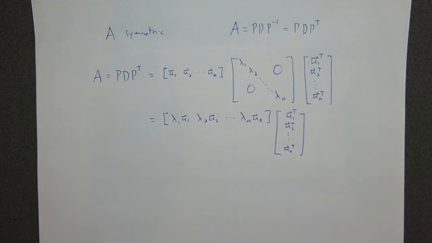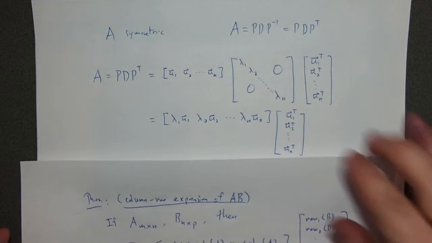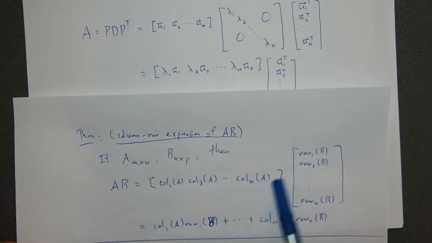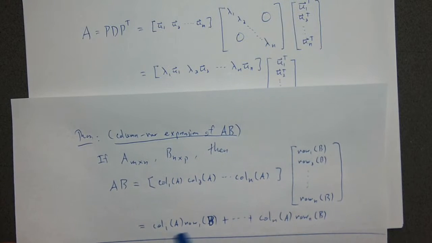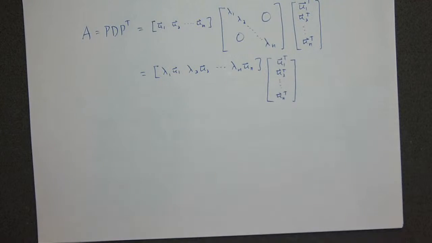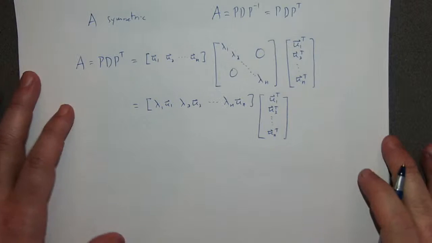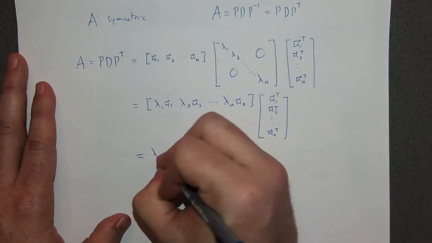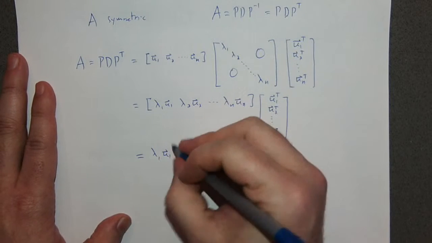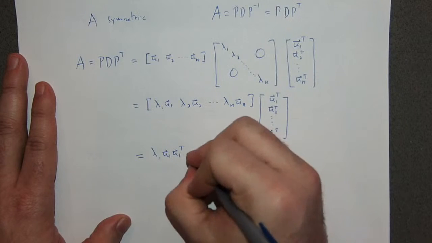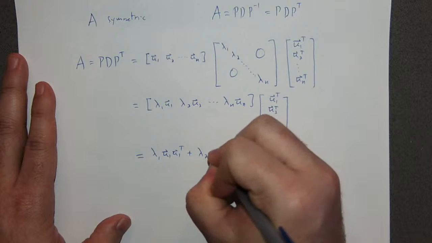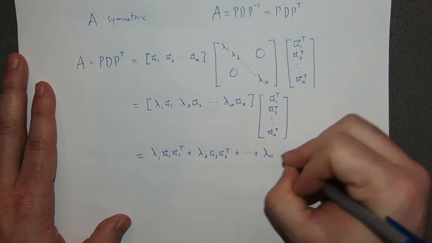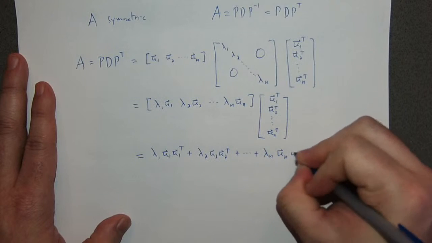Let's go back for a second: column-row expansion. Using the column-row expansion at this next step, I write this as lambda 1 U1 U1 transpose plus lambda 2 U2 U2 transpose, and so on all the way out to lambda n Un Un transpose.